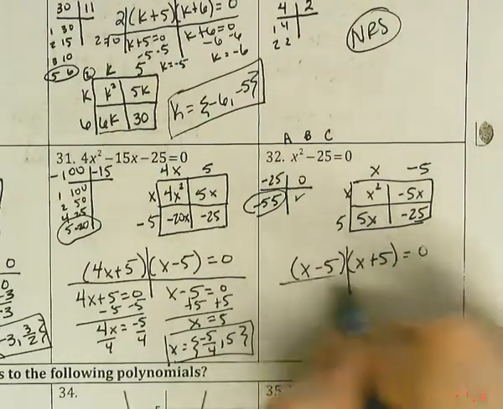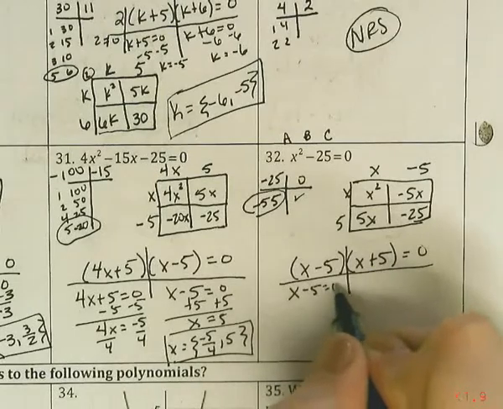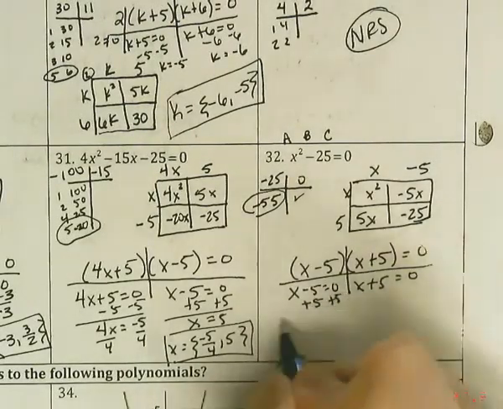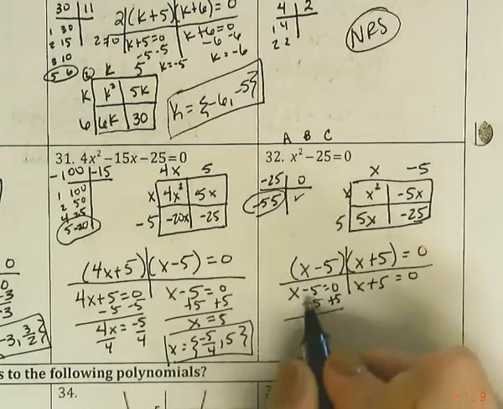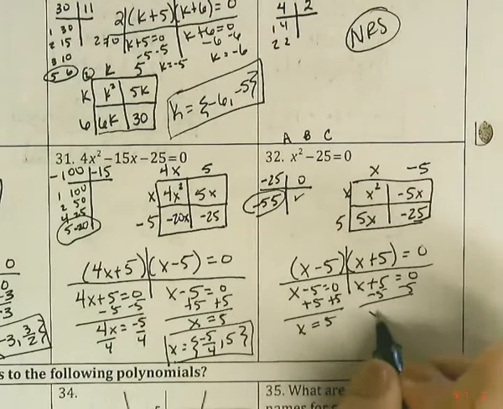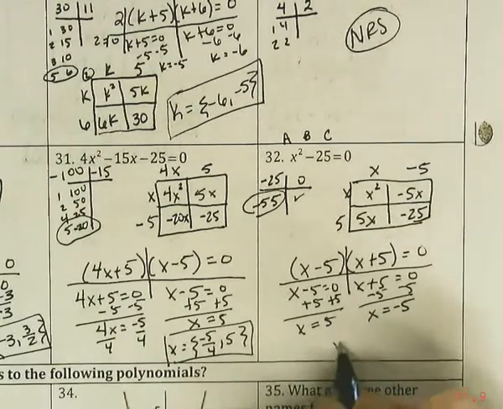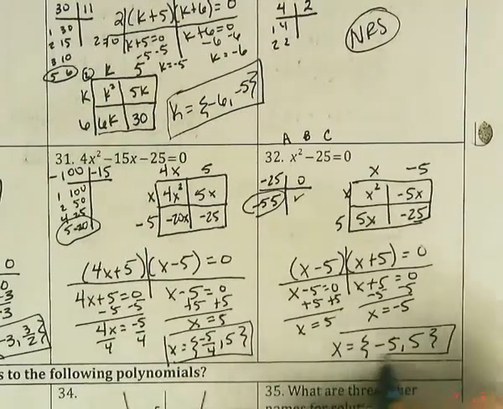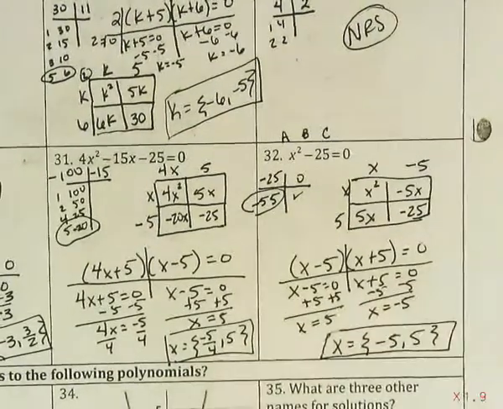Okay, x minus 5 equals 0. X plus 5 equals 0. Okay, I added 5 on each side. I undid the subtraction. So x is 5. X is negative 5. So we get x is negative 5, positive 5.